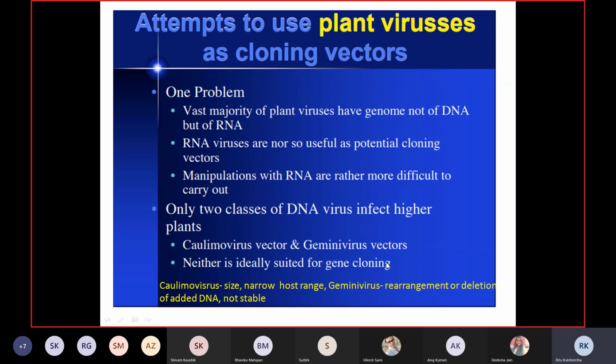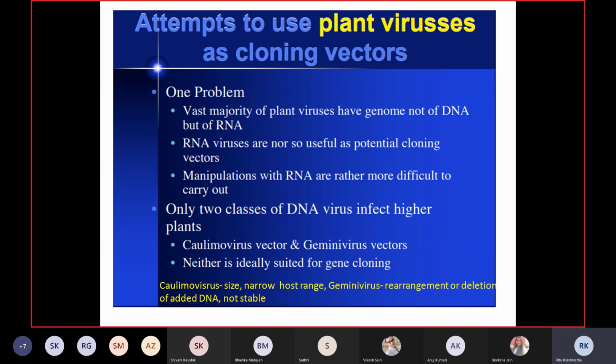You will try to study its molecular biology in very detail. You will try to identify the genes which are responsible for example for narrow host range, or for rearrangement, etc. Then you will try to manipulate those genes and see whether now these viruses can function as better cloning vectors.